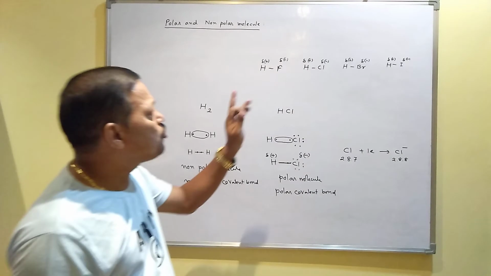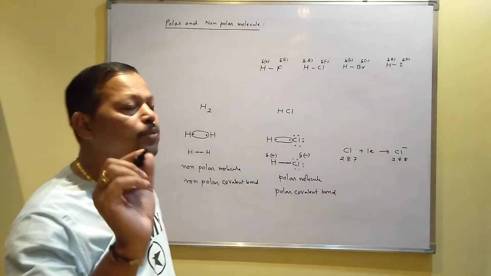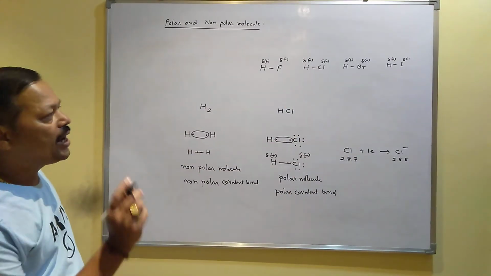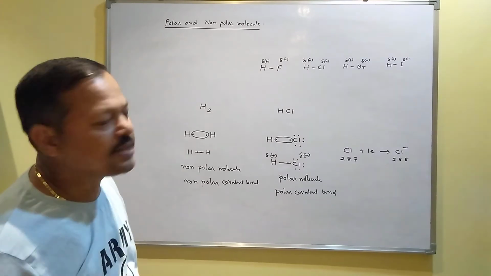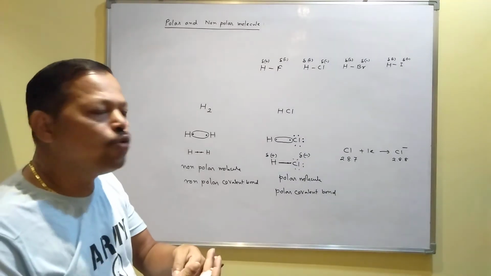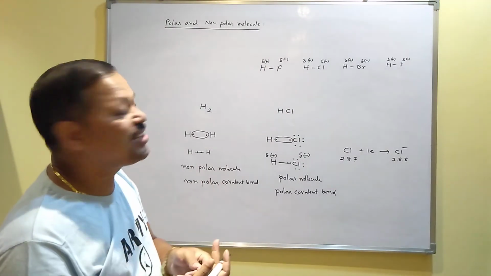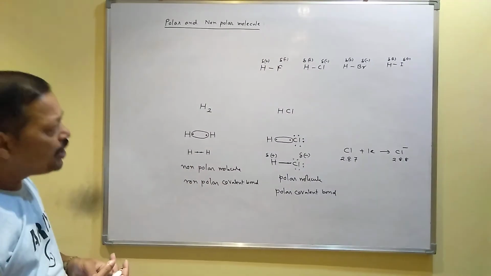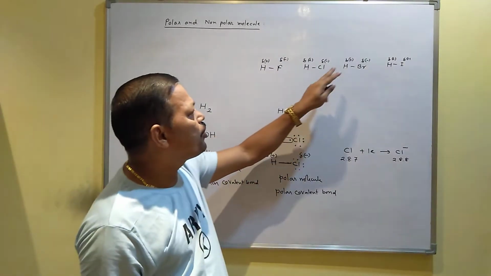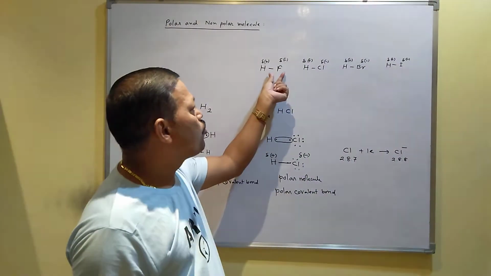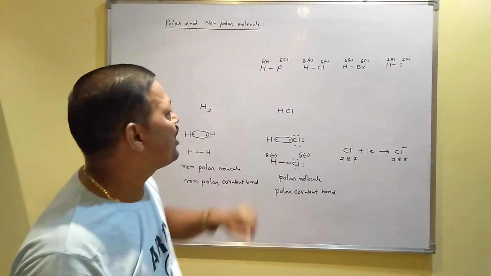But if you want to compare their polarity, which will be more polar among HF, HCl, HBr, HI? Polarity will be more if the electronegativity difference is more. You know, among fluorine, chlorine, bromine, iodine, fluorine is the most electronegative element.